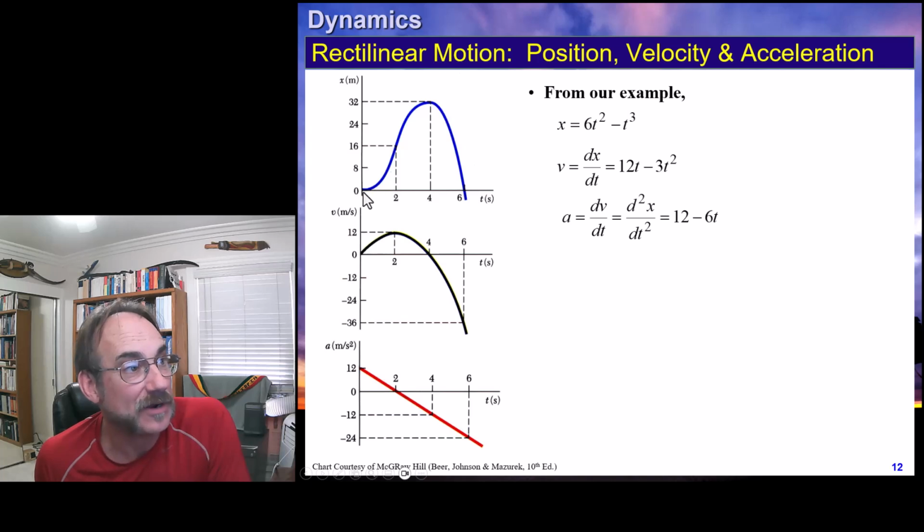Okay? You'll notice here the slope of the curve is 0. The slope of the curve here is also 0. You'll notice the slope is changing from positive to negative. It looks like it's still increasing. Well, the x position is still increasing. It's increasing fast, and then it's increasing at a slower rate.